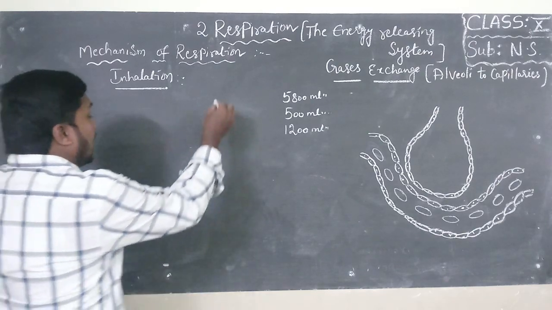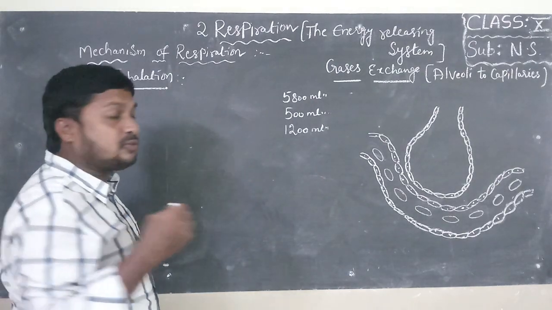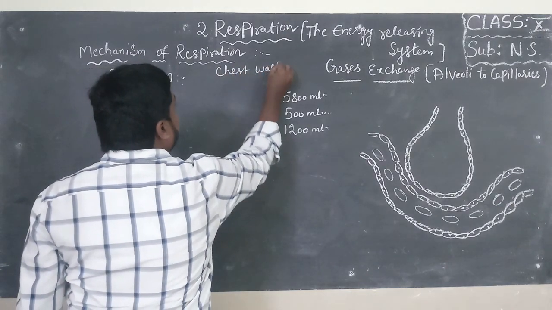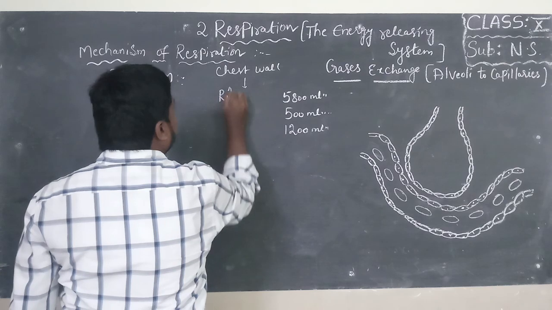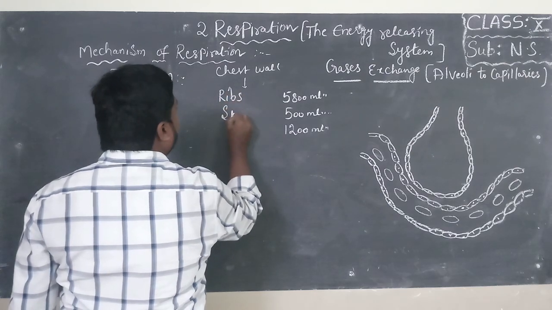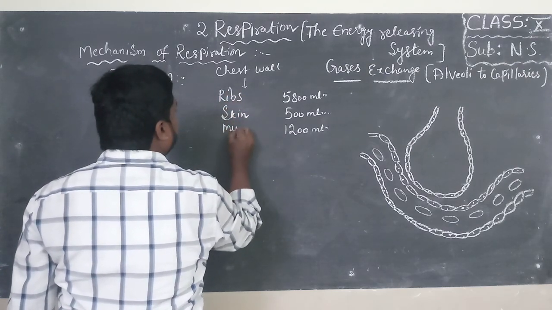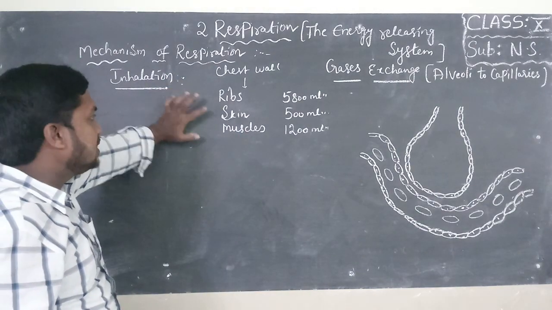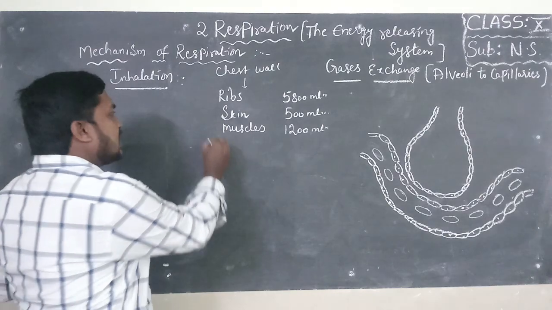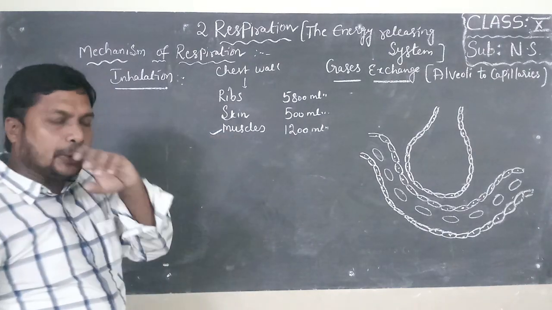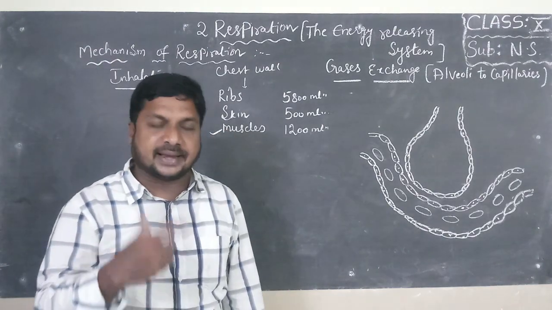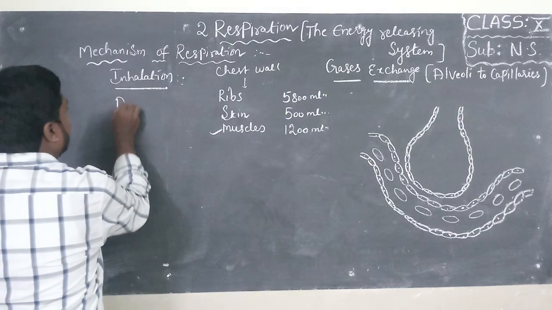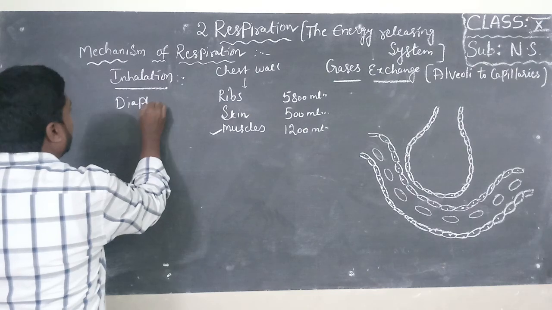Do you know? Our chest cavity, our chest wall is made up of ribs, skin, and muscles. Muscles are helpful for movement. Our lungs cannot move directly by their own. Do you know a muscular flattened muscle called the diaphragm?